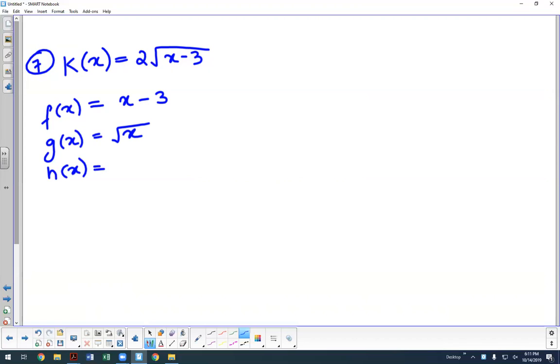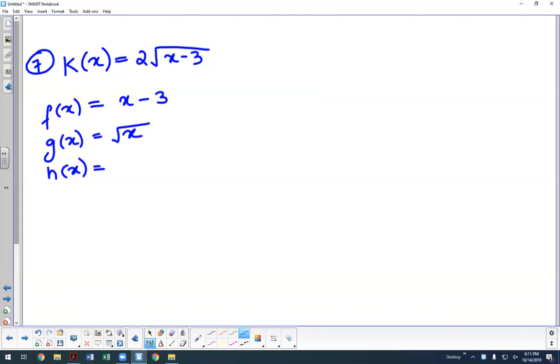So I'm wondering why are you just taking the square root of x and not like the square root of x minus 3? Because that's when the composition will put this x minus 3 inside the square root. So we don't need to define it. Because remember, we're just defining these as simple functions, which means each operation that you do has to be a separate function.